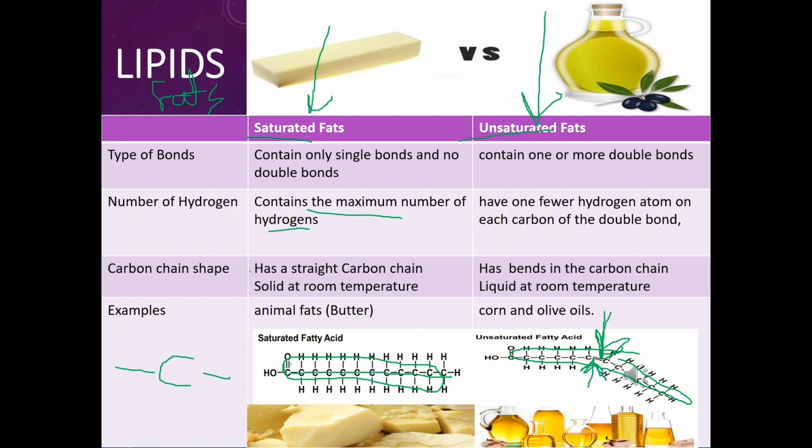So we have room for two more bonds to add hydrogen. But here it's a double bond, so you cancel one of the hydrogens. Why? Because the carbon has to have only four covalent bonds, and this is 1, 2, 3, and 4. So we cancelled one of the hydrogens. So in the unsaturated, because we have double bonds, we have a lower number of hydrogens.